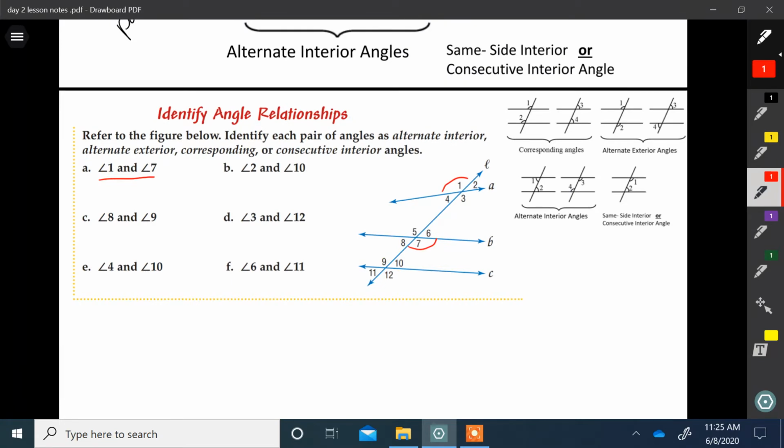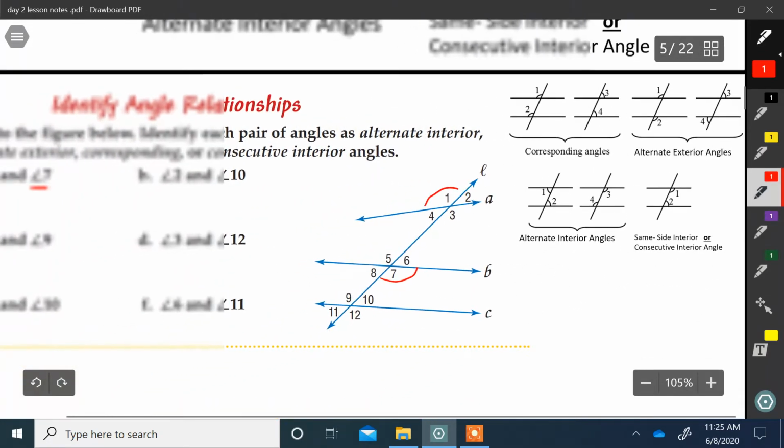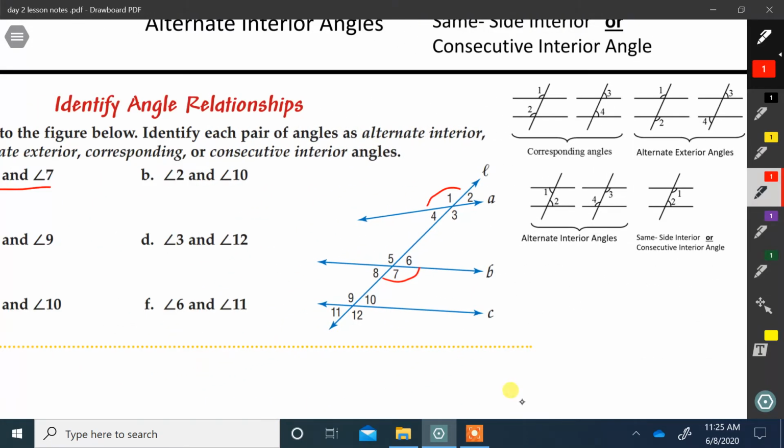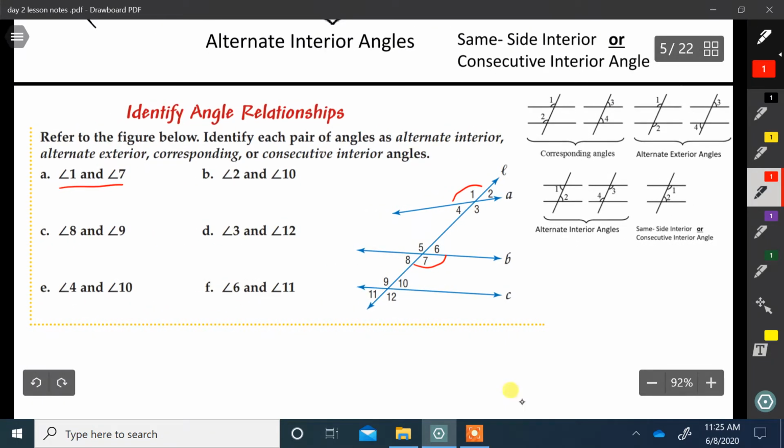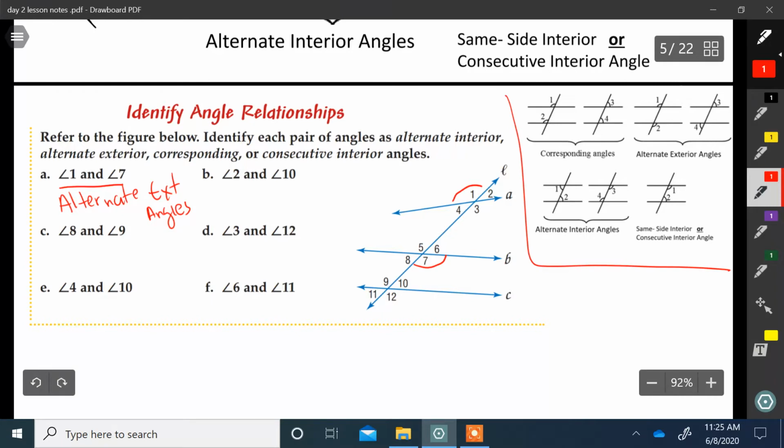As you can see, I'm going to look over here really quick. 1 and 7, it's what we call alternate exterior angles. So on those, what you have to do is identify the angles using this idea here.